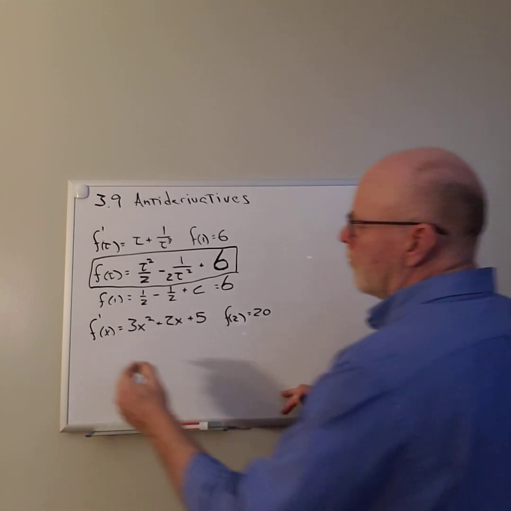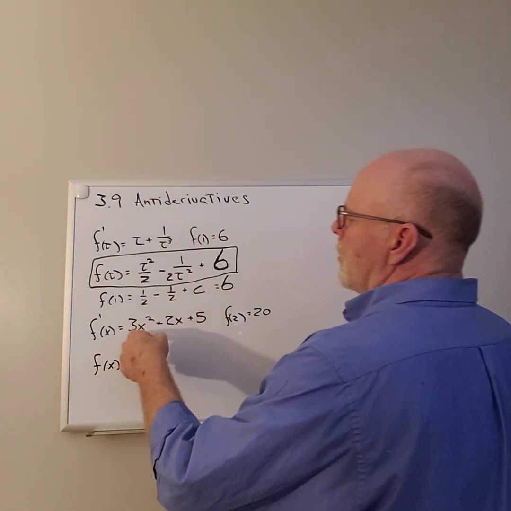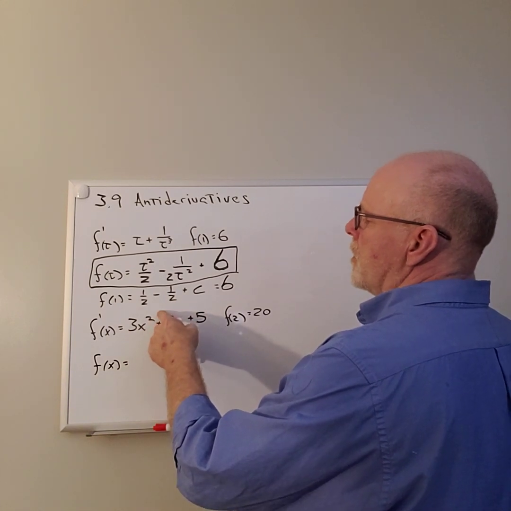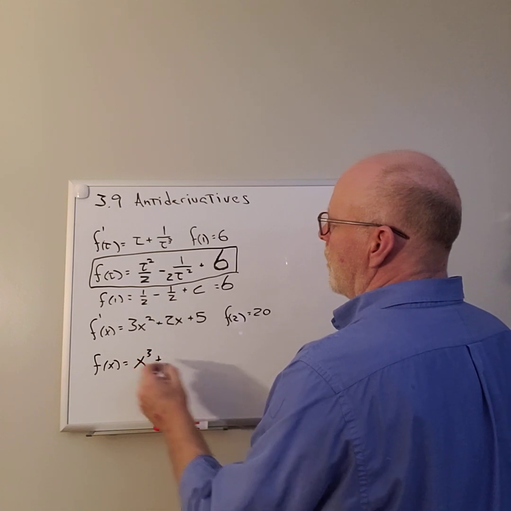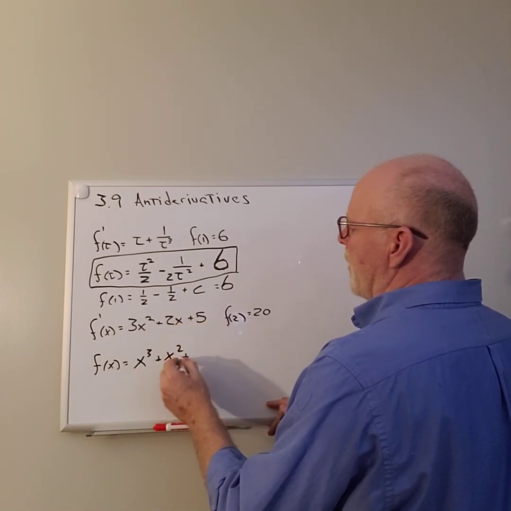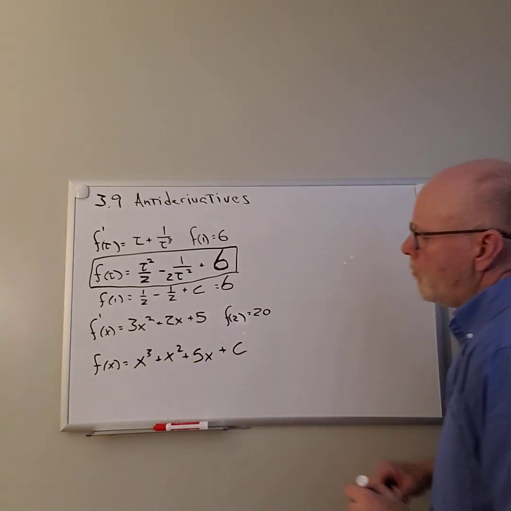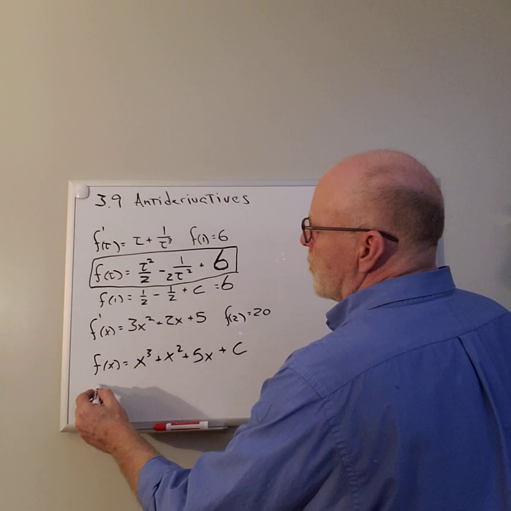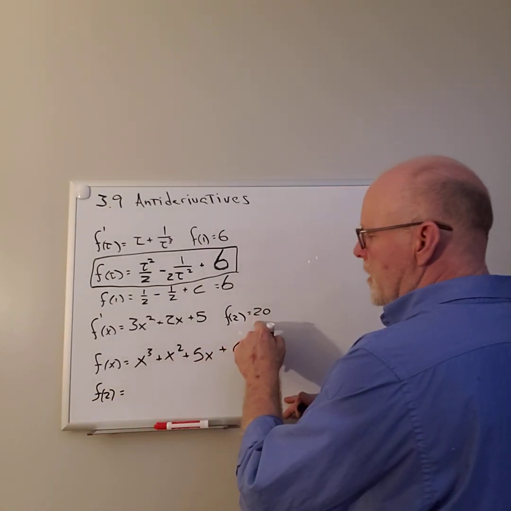Try another one. f prime of x is 3x squared plus 2x plus 5. Increase the exponent to x cubed, divide by 3, so we'll get x cubed, plus that'll be x squared, that'll be 5x, plus c. And we know if we put a 2 into that function, we're going to get a 20 out.